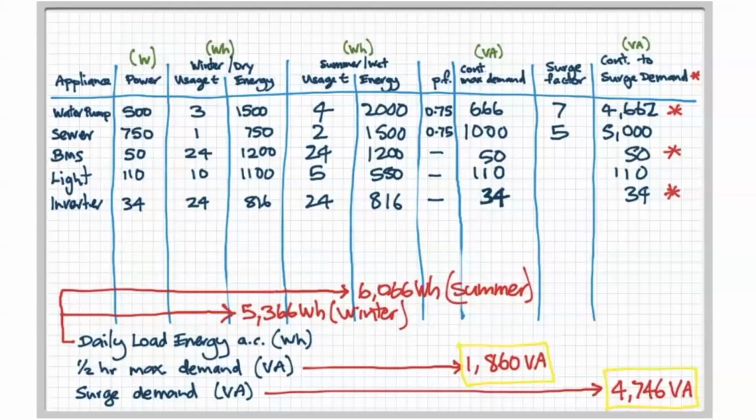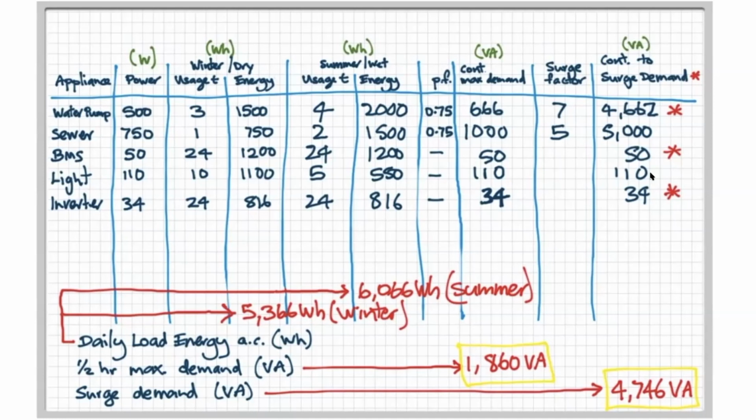Thanks, Jeremy. Now, notice I put those little red stars. This is the recommendation in AS 4509 Part 2 for design of a standalone power system: you identify the coincidental loads. You could just say everything has to run at the same time and the inverter has to be big enough. So in that case, the surge demand would include the 5,000 VA of the sewer pump and the 110 of the lights.